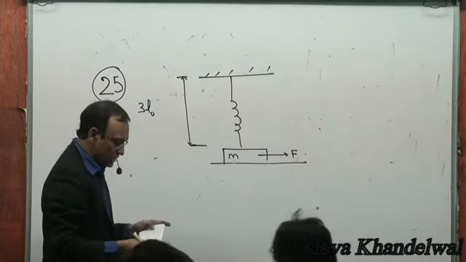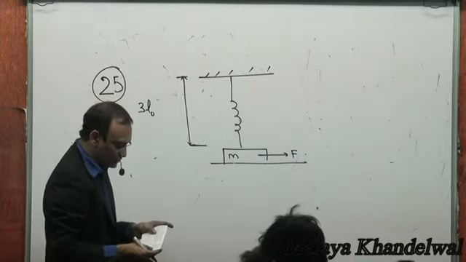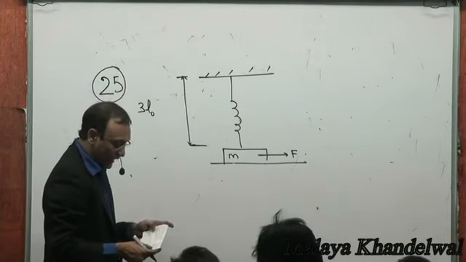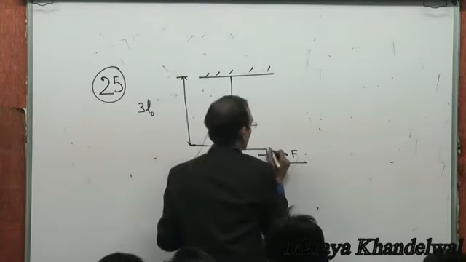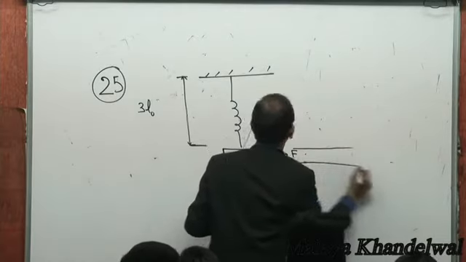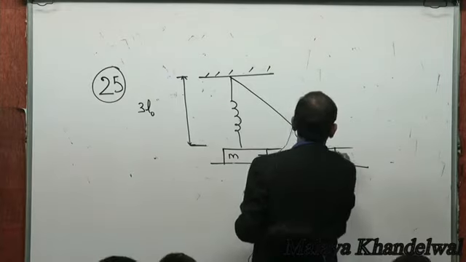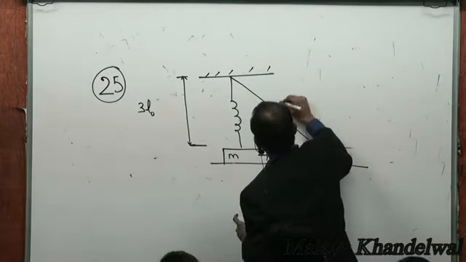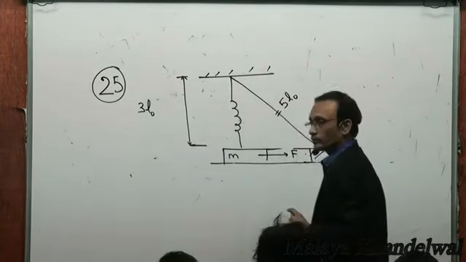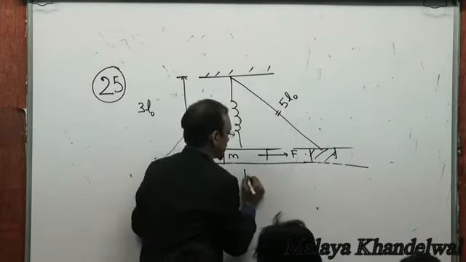A constant force is applied on the block so that the block moves in the direction of the force. When the length of the spring becomes 5L0, so after a while, the spring will acquire this state, and the mass m will be here. That means the mass would have traversed a distance 4L0.